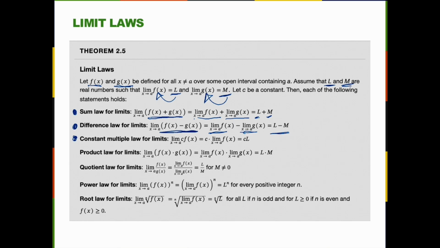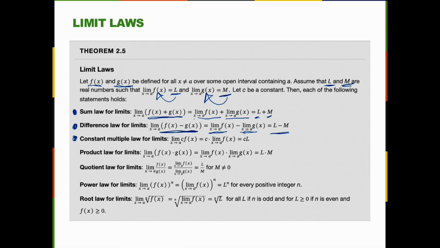The constant multiple law for limits says that if a function is multiplied by a constant, so I know what the limit is for f of x as x approaches a, but let's say I have a 3 in front of it. I'm multiplying 3 by the function.